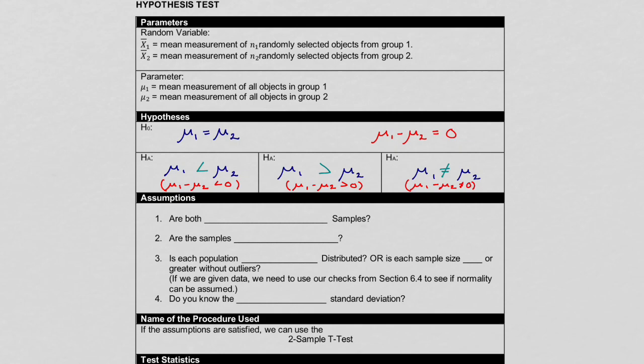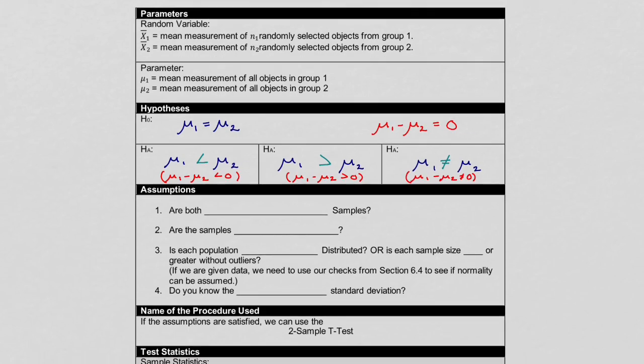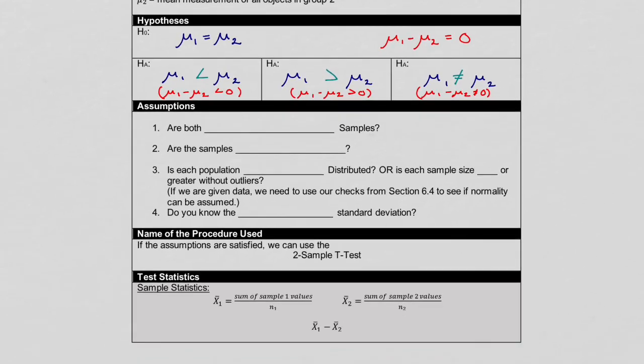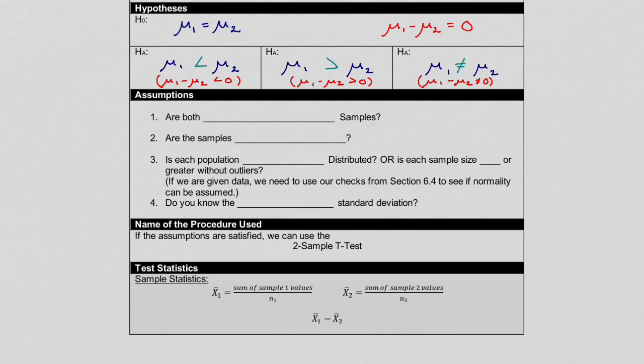So let's go ahead and move on to our assumptions. I'm going to scroll this up. So for our assumptions, you should note these are going to look very, very similar to the ones that you already explored. So the first thing, do we have simple random samples from both of our groups? This one is a little bit newer.